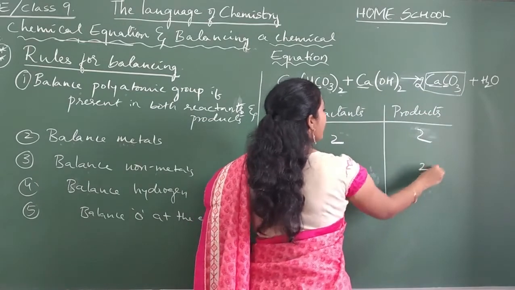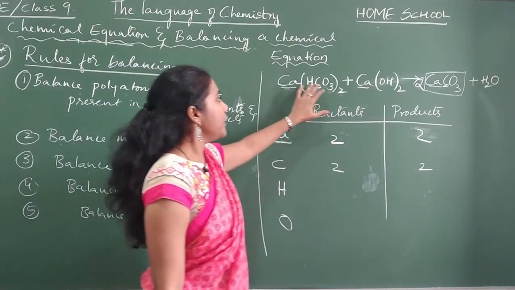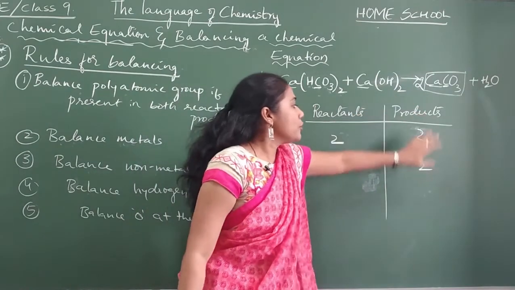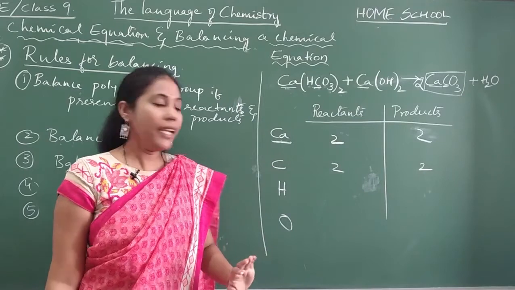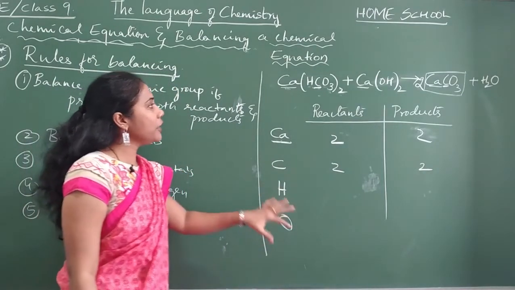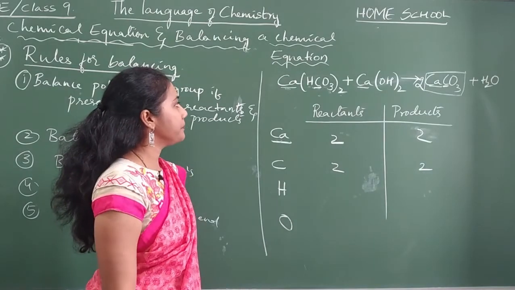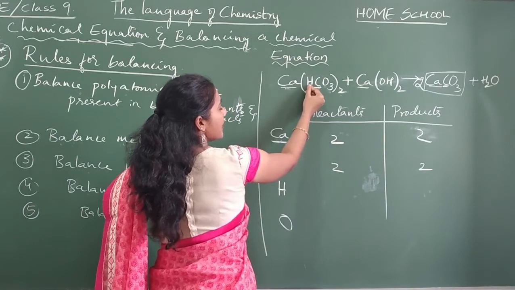So how many carbons are there? Carbons are 2. So it is balanced. Left side 2 carbons, right side also 2 carbons. No need to balance carbon atoms. Go for the next step, balancing hydrogen. List out how many hydrogens are there, guys. Here 2 hydrogens. This 2 belongs to this hydrogen also, no?